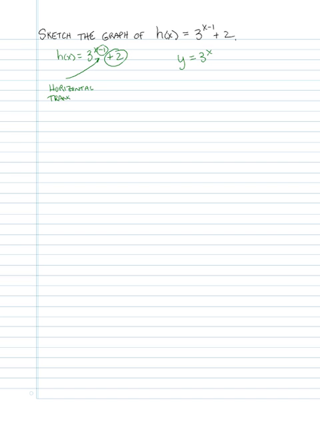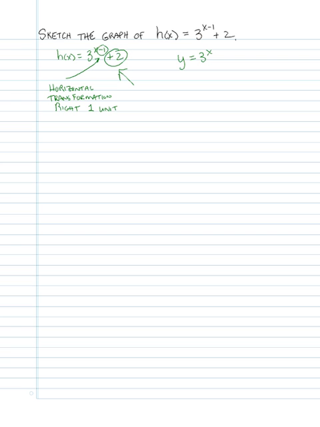And since it's horizontal and we're subtracting, that's actually going to be right, isn't it? Instead of left, it's going to be right 1 unit. Now this plus 2 is after we do all the calculations with the exponent.